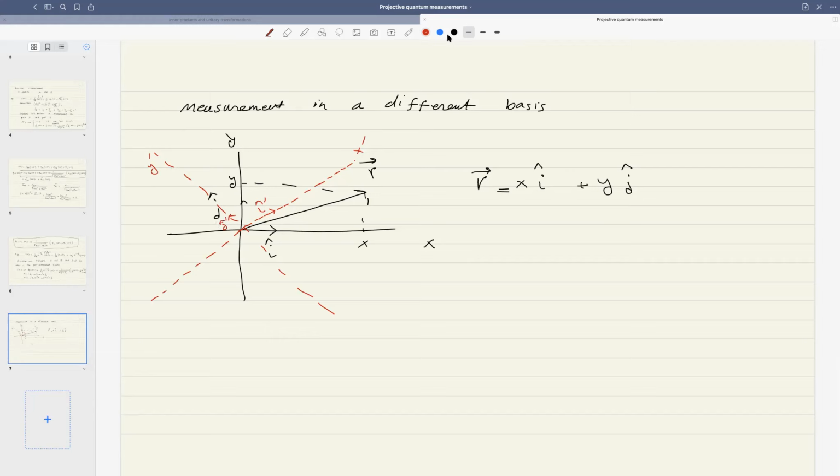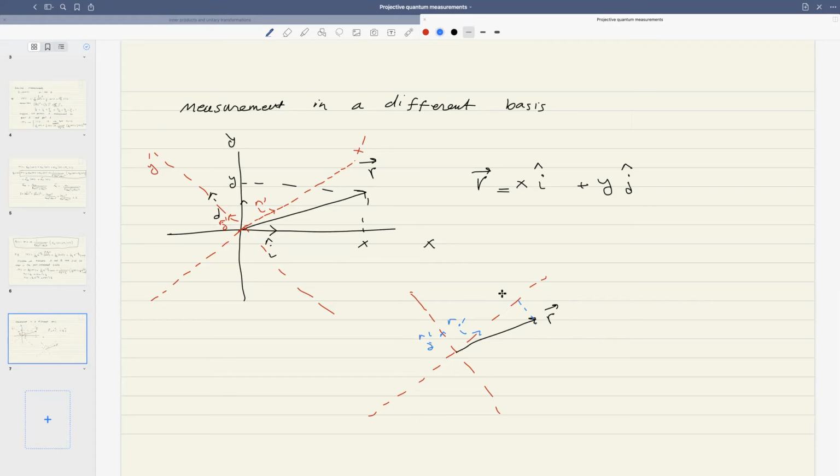So let's redraw that, just so the figure is easier to see. And I have this vector r here. So again, I can write the components of r in this new coordinate system, right? Let's say this is i prime, this is j prime.